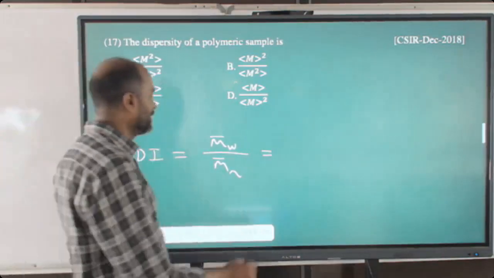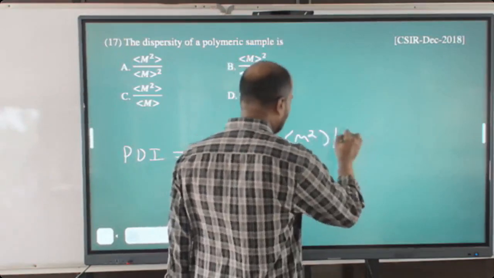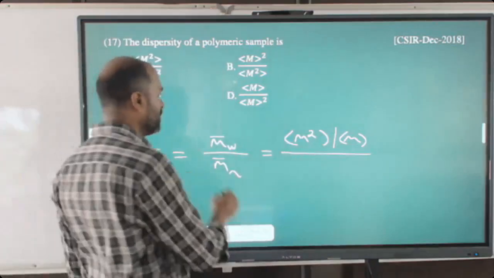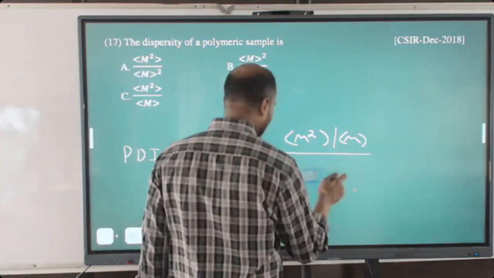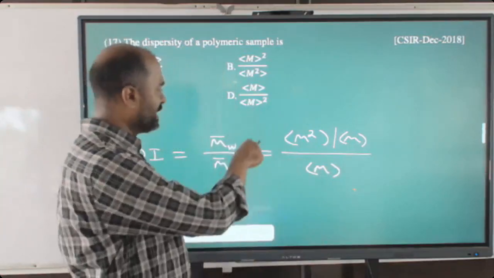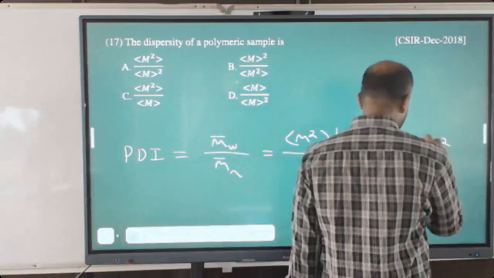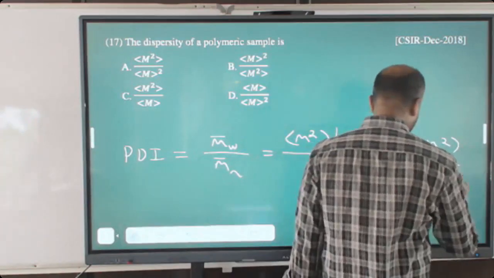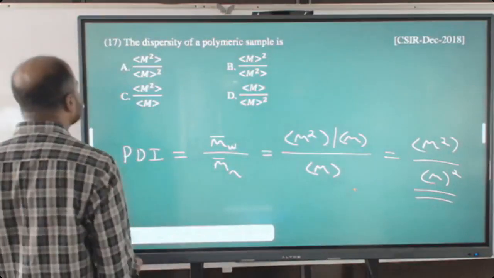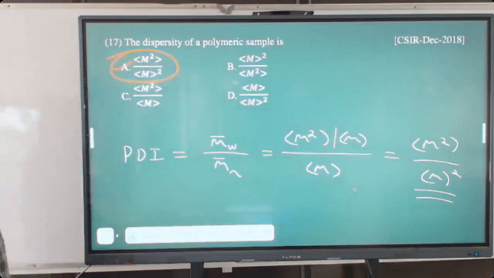Weight average molecular weight is given by the equation sigma M squared by sigma M, and number average molecular weight is sigma M. Finally, that is sigma M squared divided by sigma M whole squared. Option A is the correct answer.